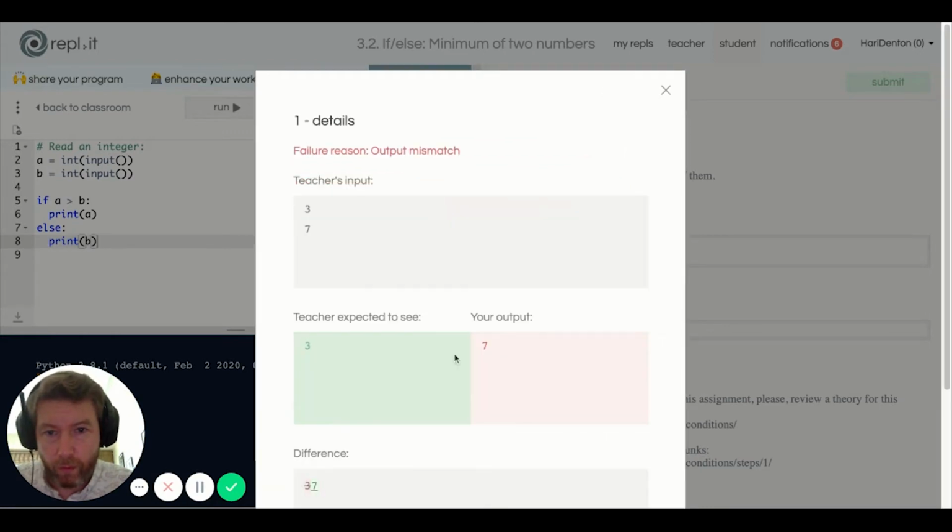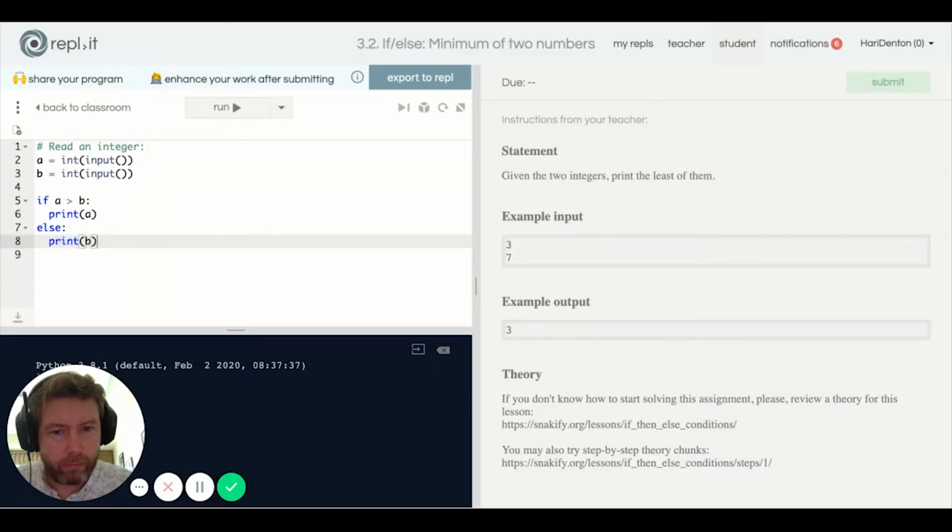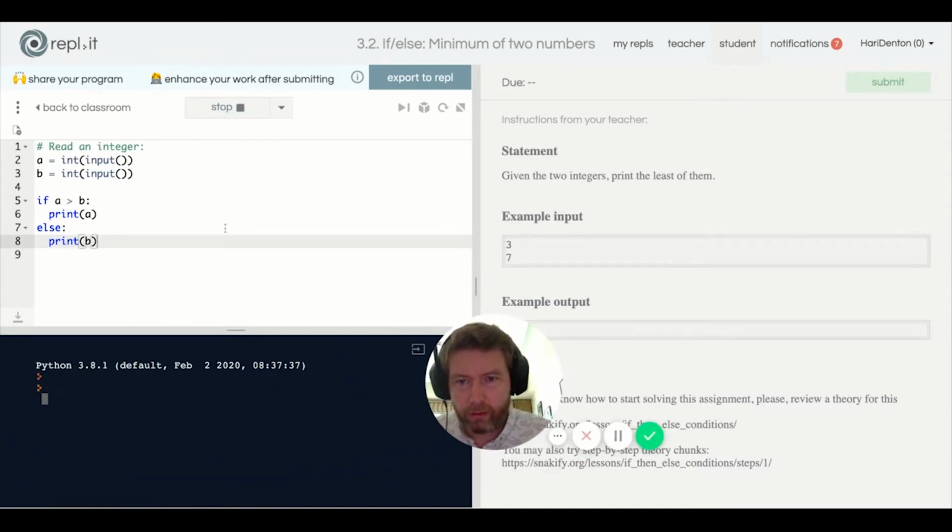Whoa. A and B, print A. Weird. If A is bigger than B, print A, otherwise print B. Yeah, what the hell's wrong with that? 3, 7, and 7. 7 is bigger than 3.